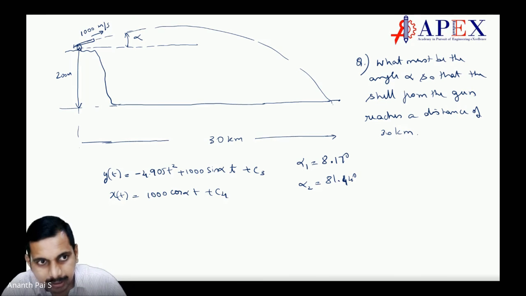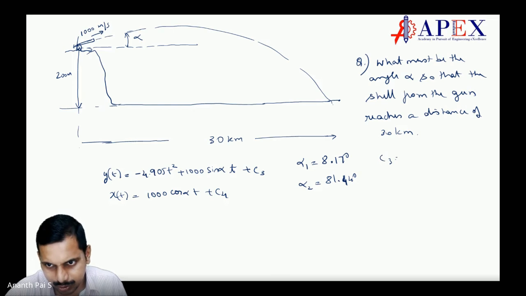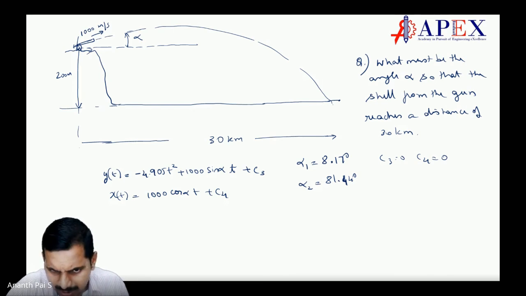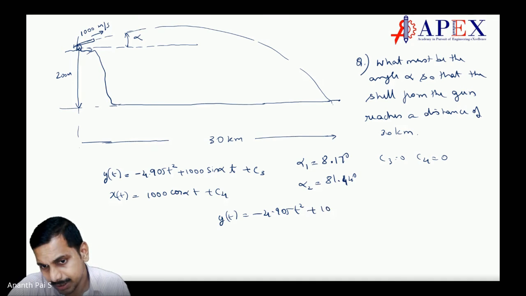Now, depending on what you take as the coordinates, c1, c2 can be done. If I take this as the origin, then c3 is equal to 0, c4 is equal to 0, correct? So the equations are just this: y of t is equal to minus 4.905 t square plus 1000 sin alpha t, and x of t is equal to 1000 cos alpha into t.